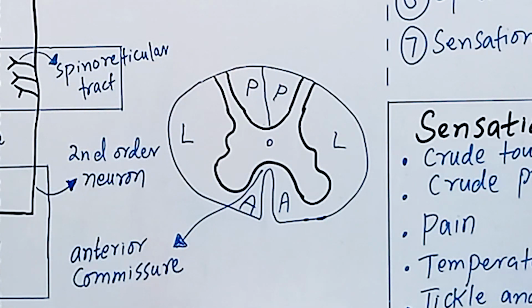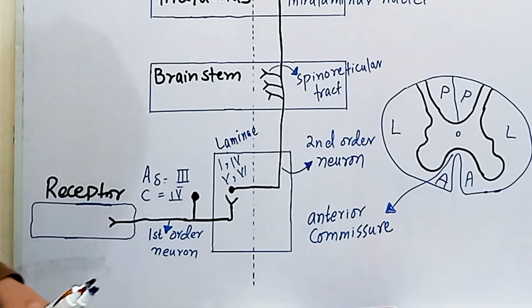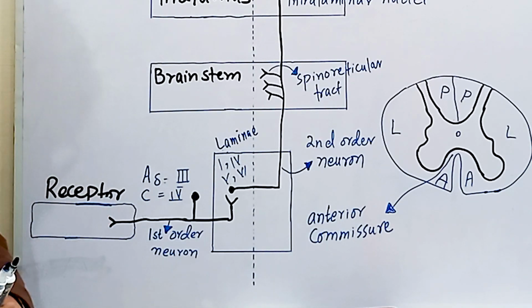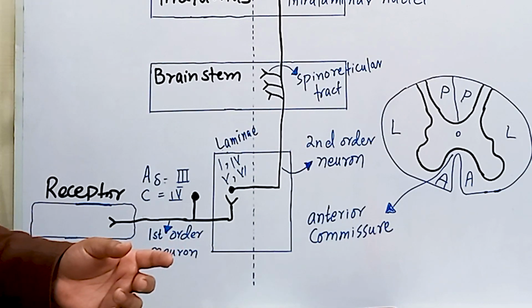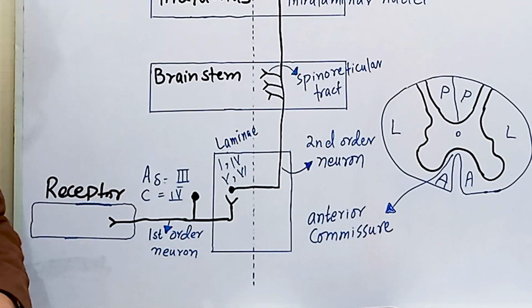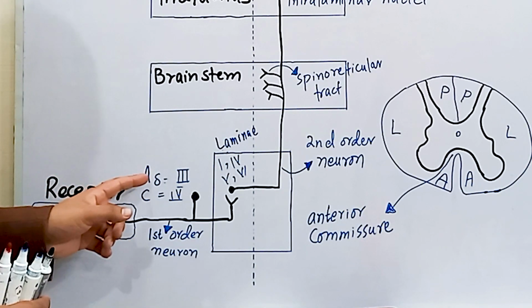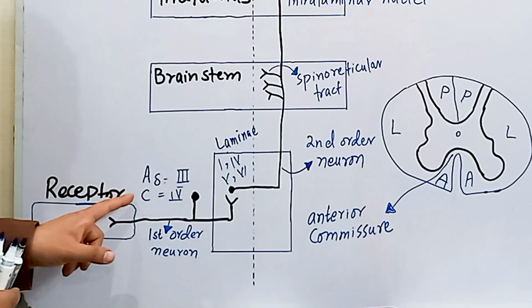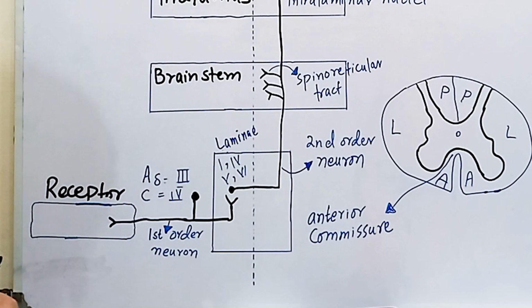The receptors for this spinothalamic tract are mostly free nerve endings, the ends of type A delta and type C nerve fibers. You know very well that in sensory classification, type A delta fibers belong to group 3 and type C fibers belong to group 4 nerve fibers.